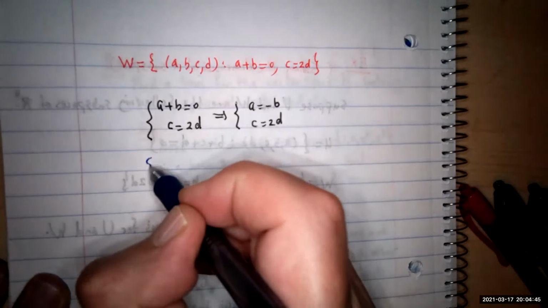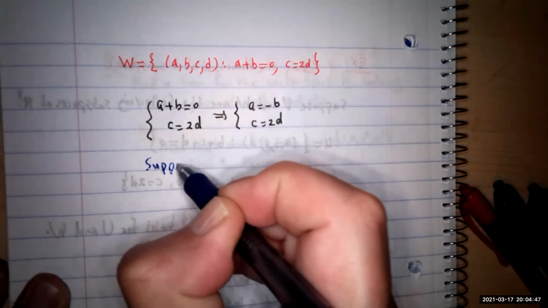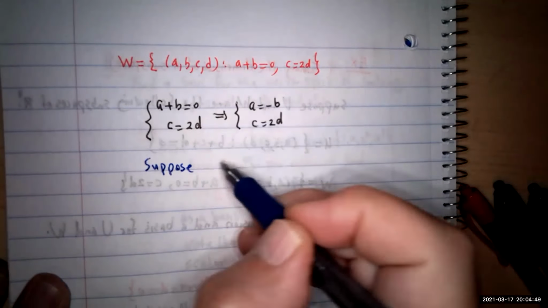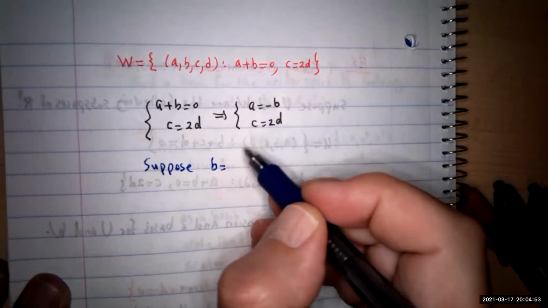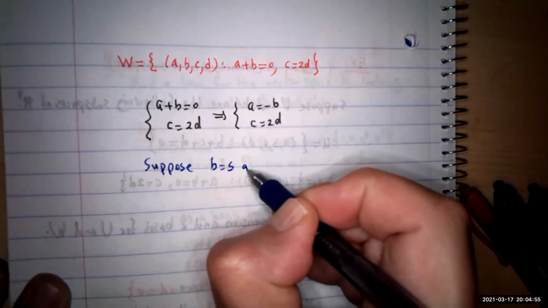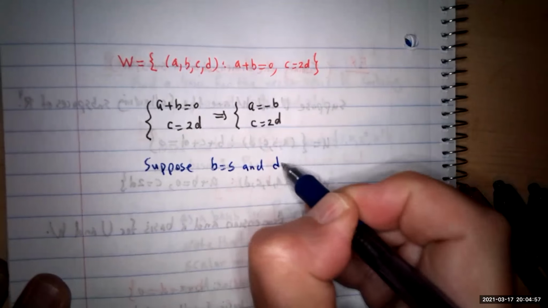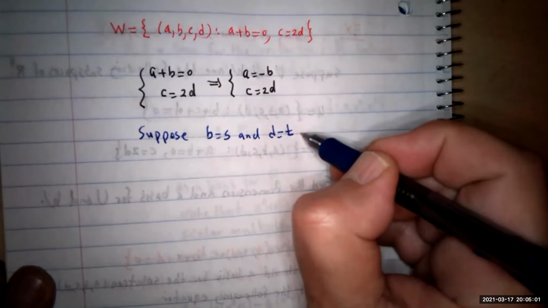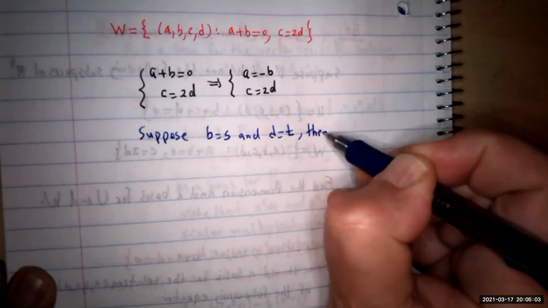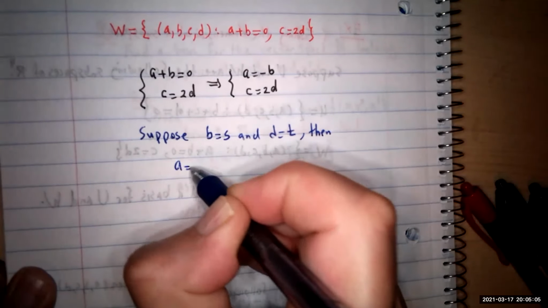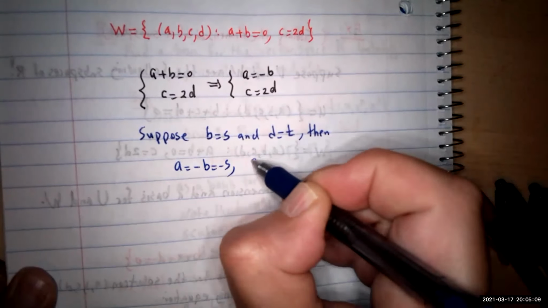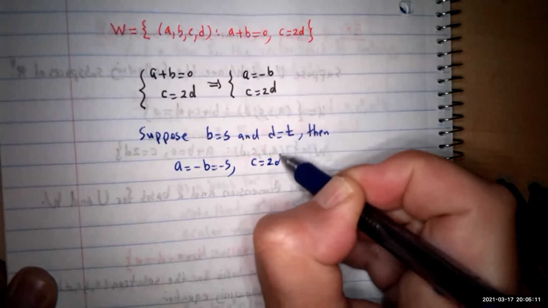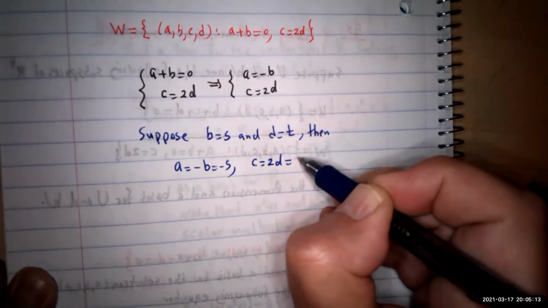Suppose it's one option. Suppose B is equal to S, for example, and D is equal to T. If this is the case, then your A is negative B, now it's going to be negative S, and your C, which is 2D, is going to be 2T.